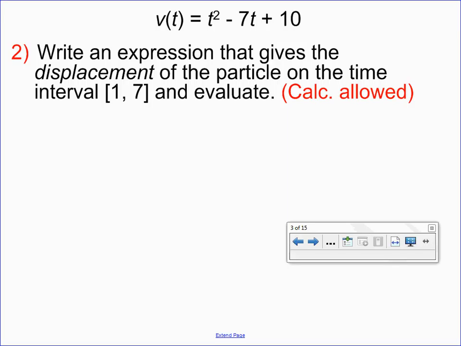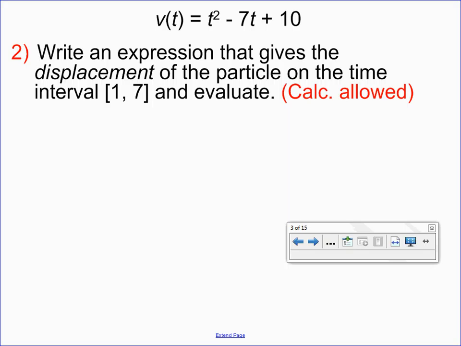So if this is calculator allowed, we know that we can find the displacement simply by setting up a definite integral between my left bound and right bound of my time interval, 1 to 7. The displacement, that is the change in position over a closed interval for a particle, is simply the integral of velocity from a to b.